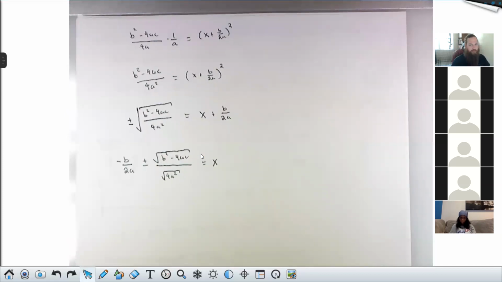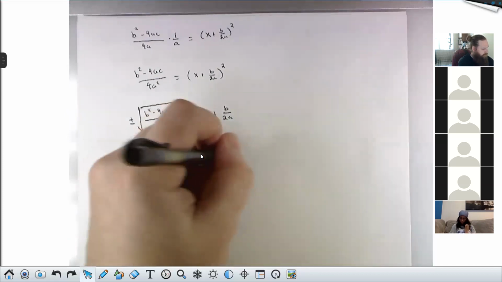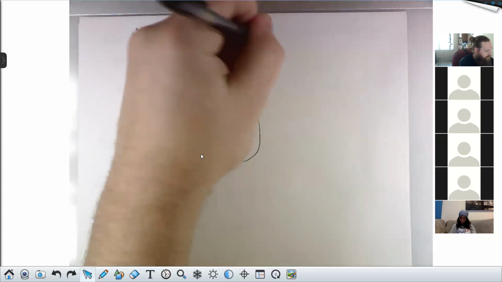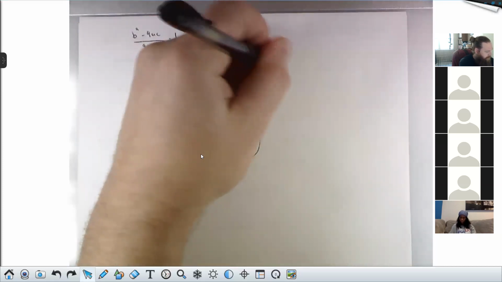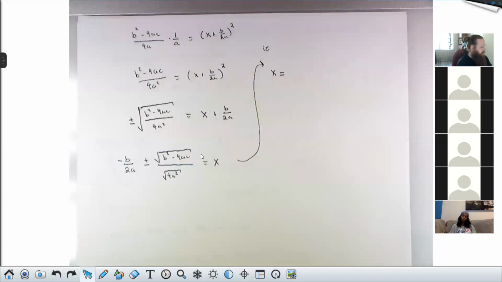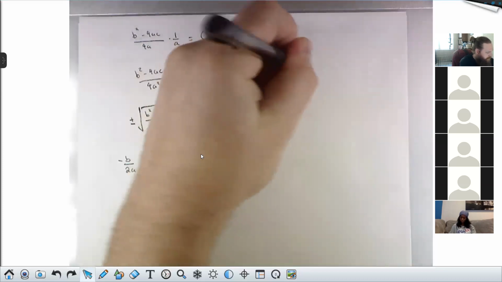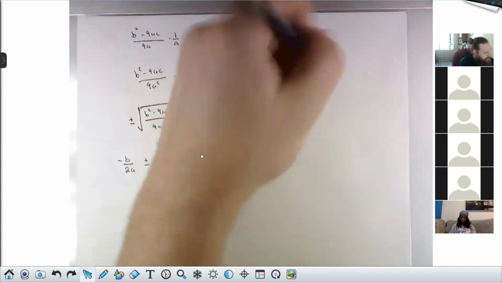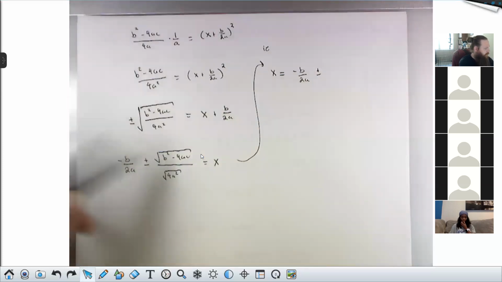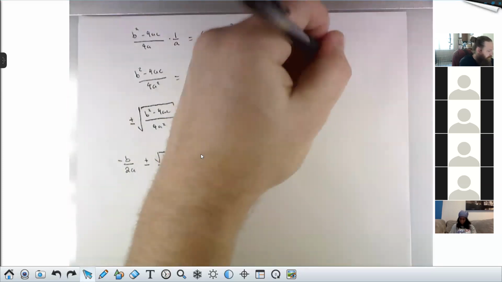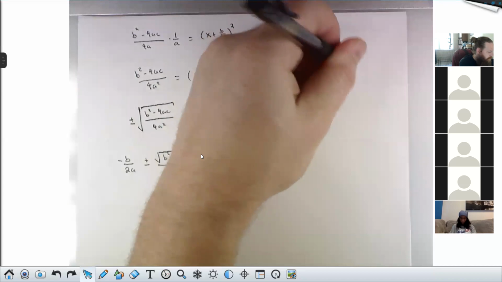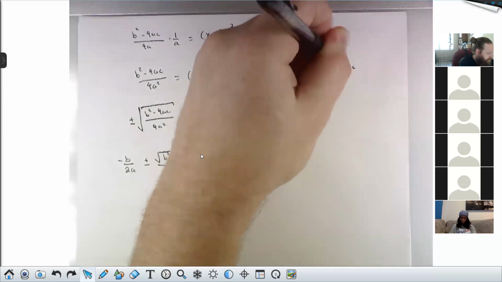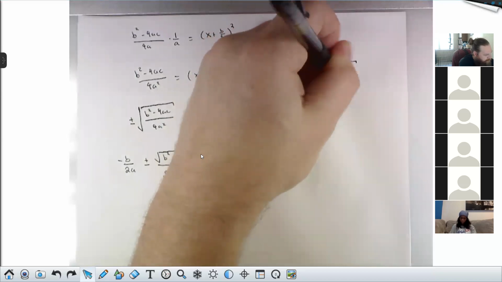And hopefully you see that this is your quadratic formula. This is it. I'll write the x on the left-hand side. x is equal to negative b over 2a plus and minus the square root of b squared minus 4ac all over the square root of 4a squared.